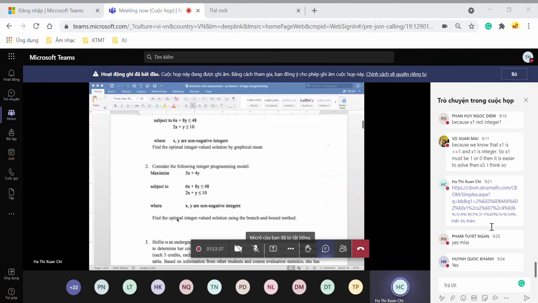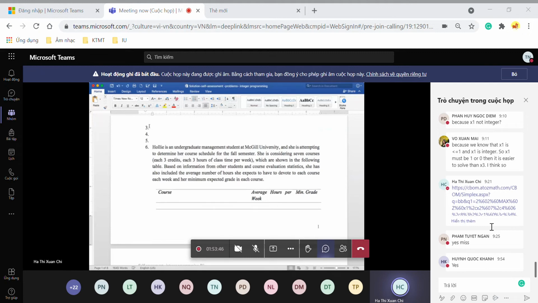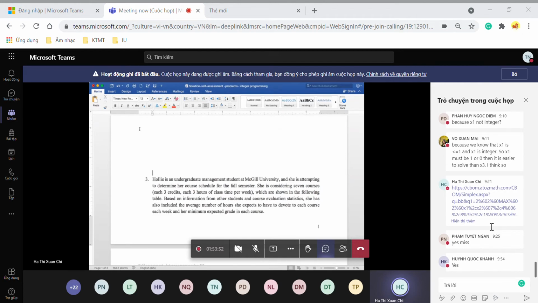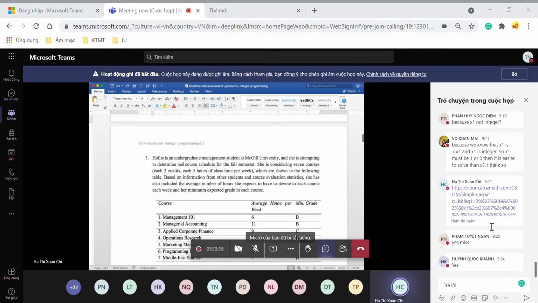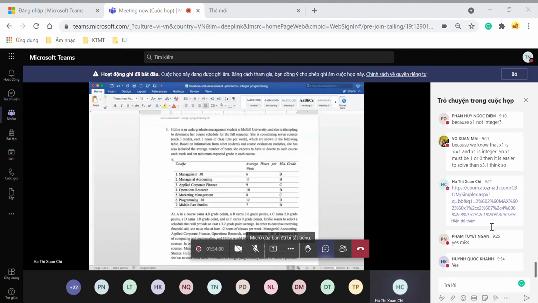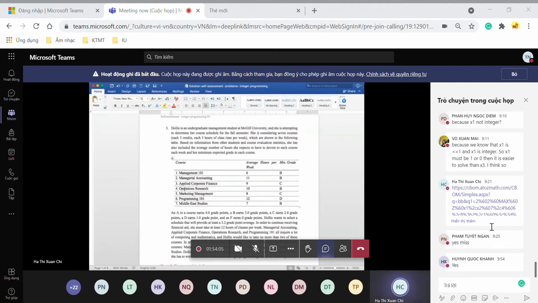The file I'm sharing with you here. But you know that formulation is a big problem for our class right now. So I want you to spend more time practicing formulation.